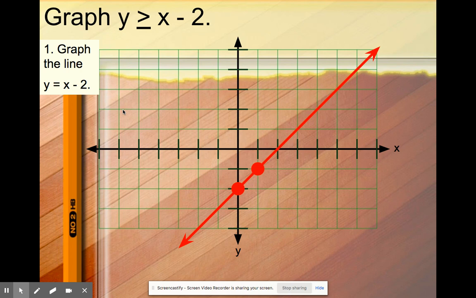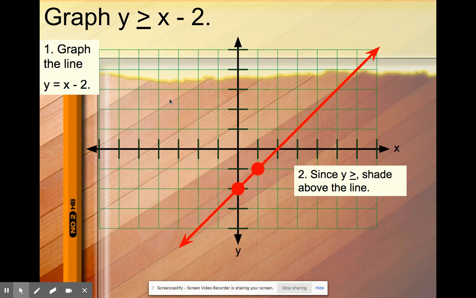And we'll get a line like that. We also know that we're going to have a solid line because it's greater than or equal to. Because it's a greater than sign, we will shade everything above. Everything above this line will be shaded.